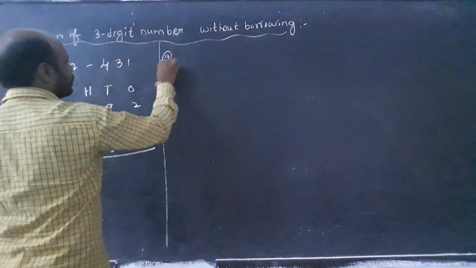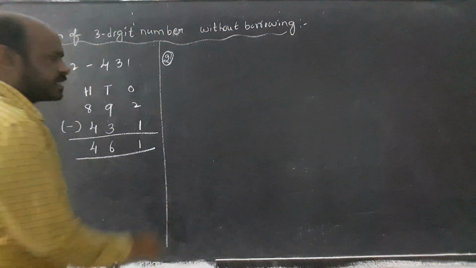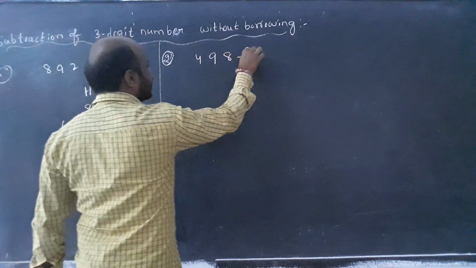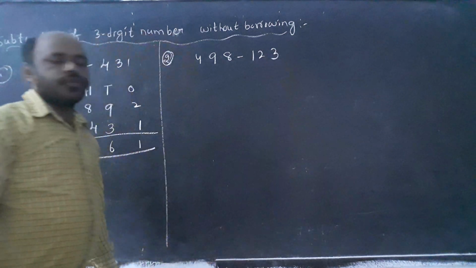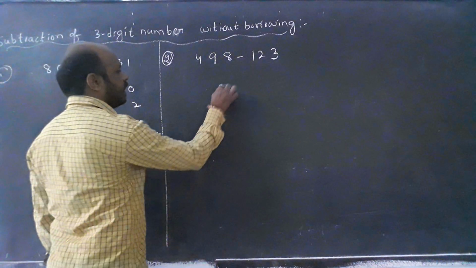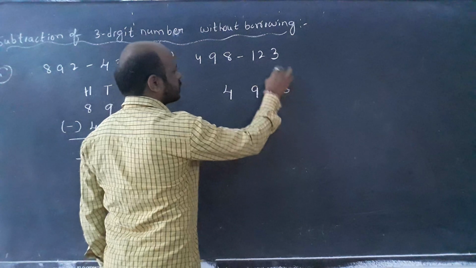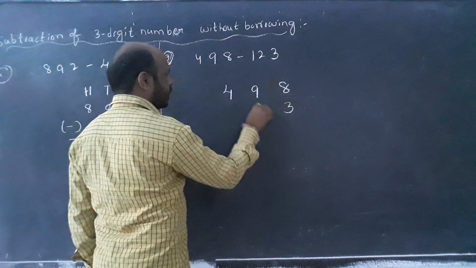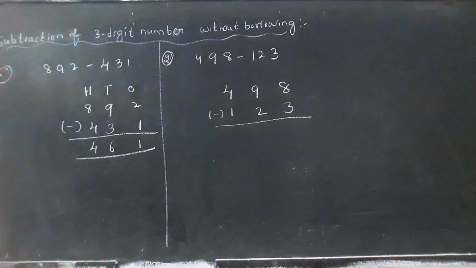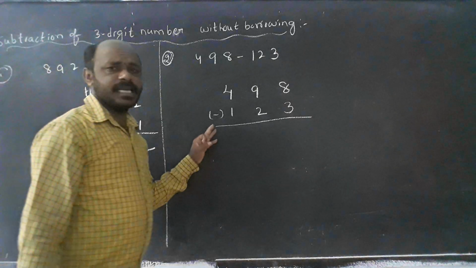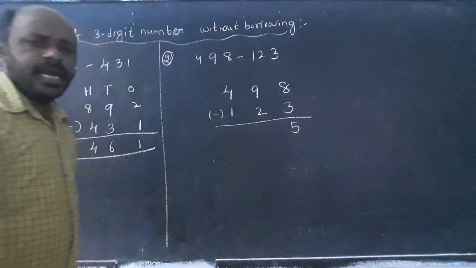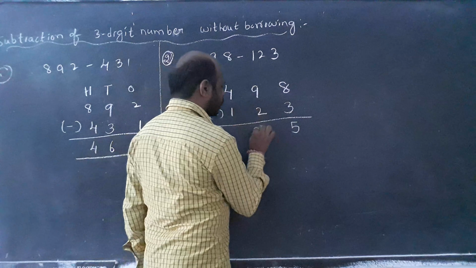Second example, 3-digit numbers. First one: 498 minus 123. How to write? Ones place under ones place, tens place under tens place, and hundreds place under hundreds place. Now apply the subtraction. 8 minus 3 is 5. 9 minus 2 is 7.